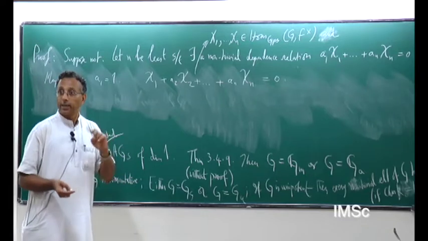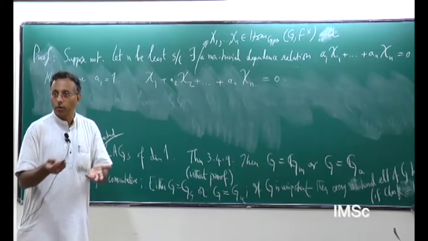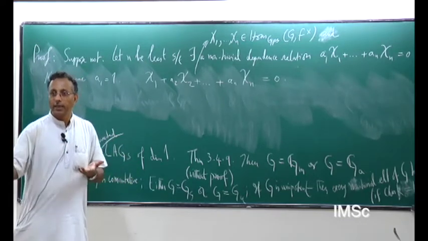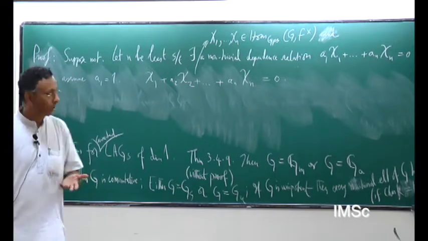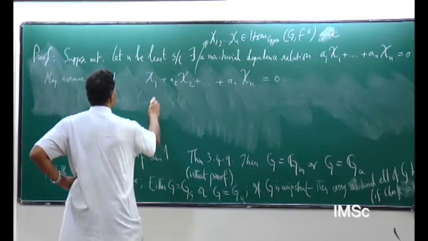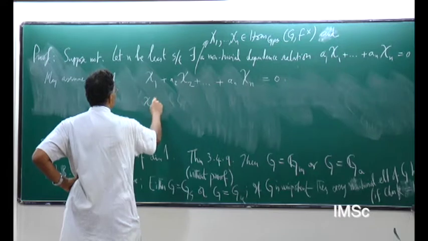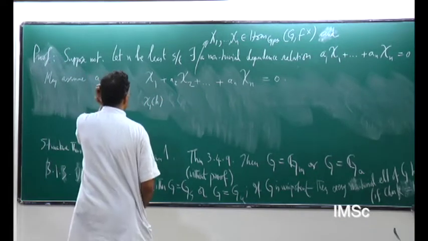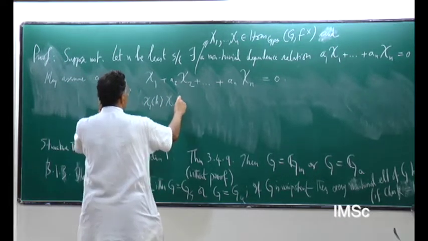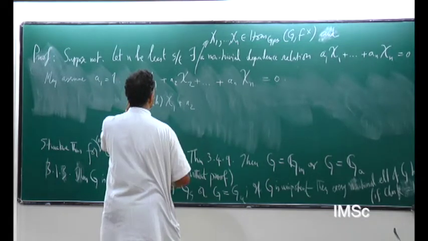The fact that these are characters means I have to use that chi1 of gh is chi1 of g times chi1 of h. So let's write that.